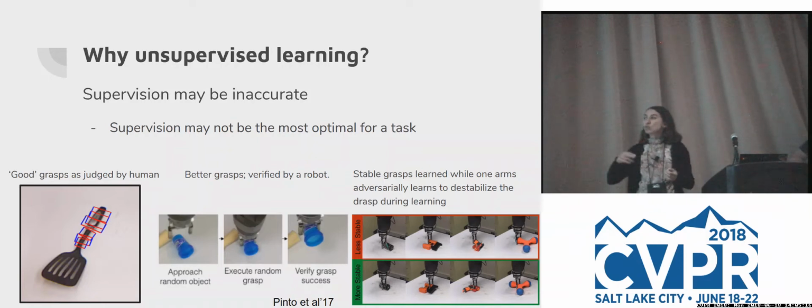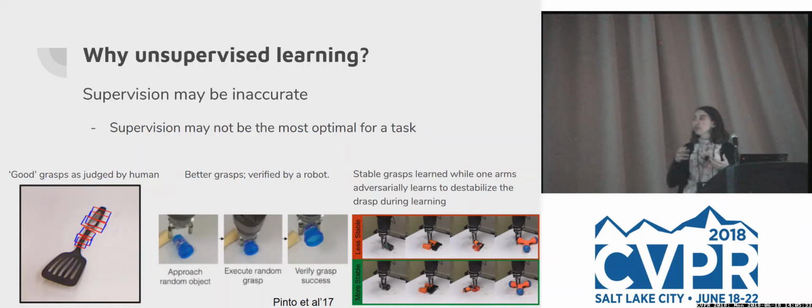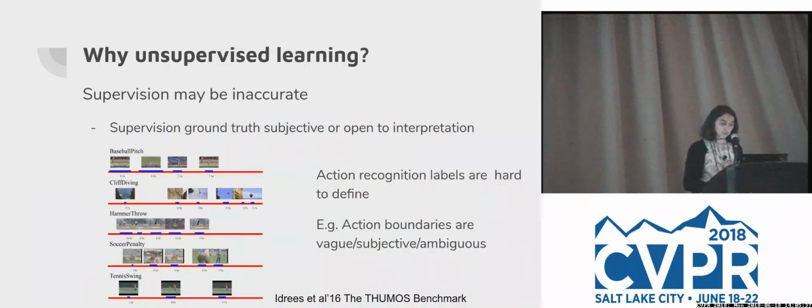And some work which we'll discuss today, Pinto et al. discovered that you can have the robot supervise itself by grasping and verifying it's a good grasp, and learn much better grasps. And also some subsequent work in which, by introducing adversarial learning, they obtain even better and more stable grasps.